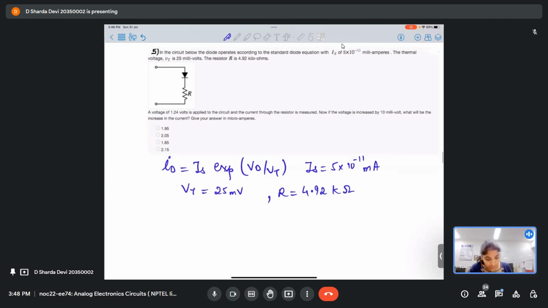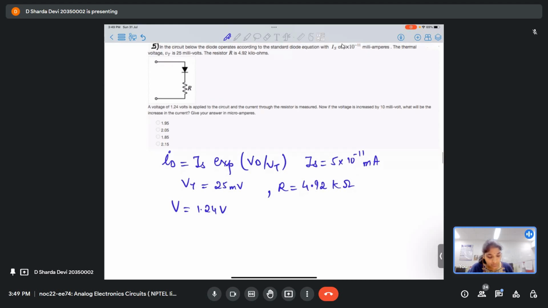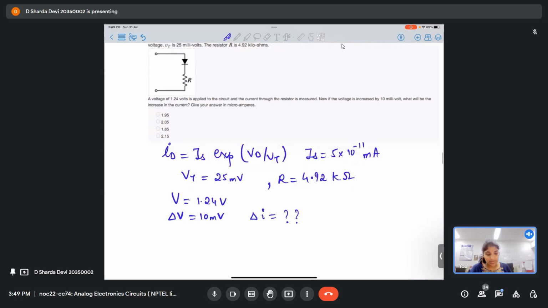A voltage V of 1.24 volts is applied to the circuit, and the current through the resistor is measured. Now if the voltage is increased by 10 millivolts, so delta V is 10 millivolts, what will be the current increase, delta I? This has been asked.